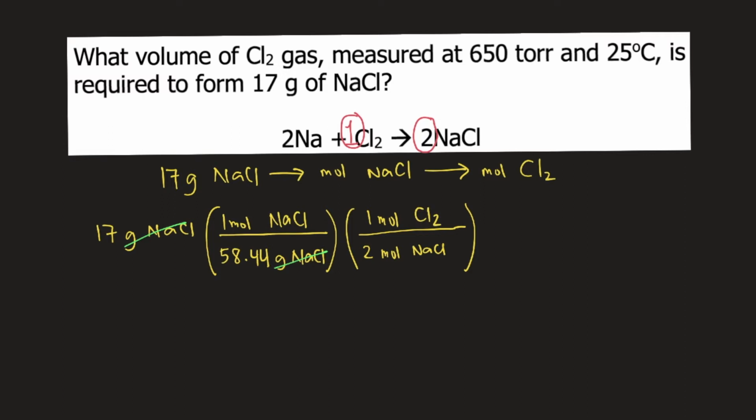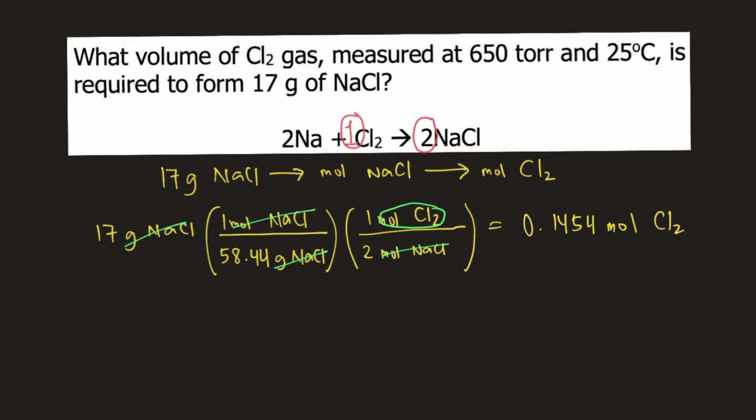So moles of NaCl would cancel and our unit would be moles of Cl2. And if you solve this equation, you will arrive at the answer approximately equal to 0.1454 moles of Cl2.